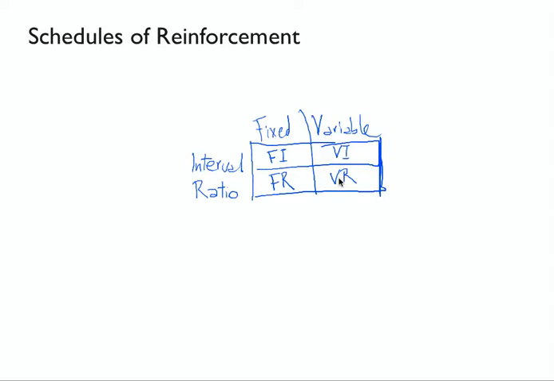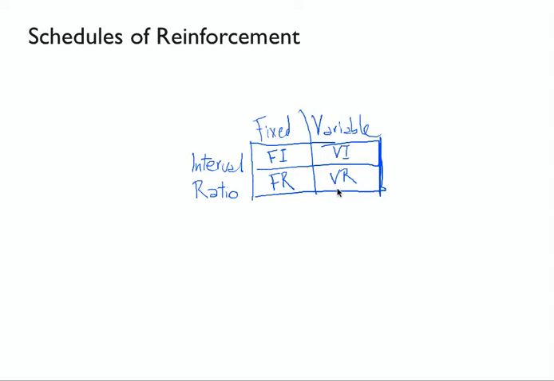Sometimes you get a lot of email one after the other, and sometimes you may have days in between emails. So the variable nature of reinforcement in that situation is represented by a variable interval schedule and a variable ratio schedule.